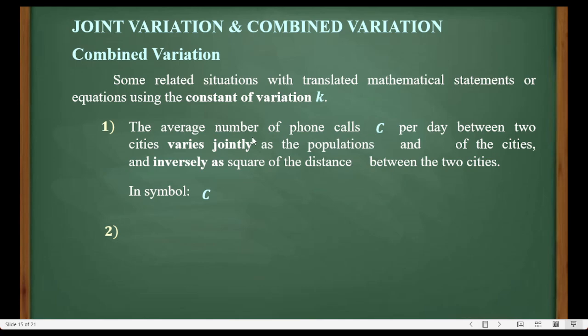The average number of phone calls is denoted by capital letter C, the populations of the cities are P sub 1 and P sub 2, and the distance is probably small letter d. This is the situation under combined variation, and this is the mathematical translation.